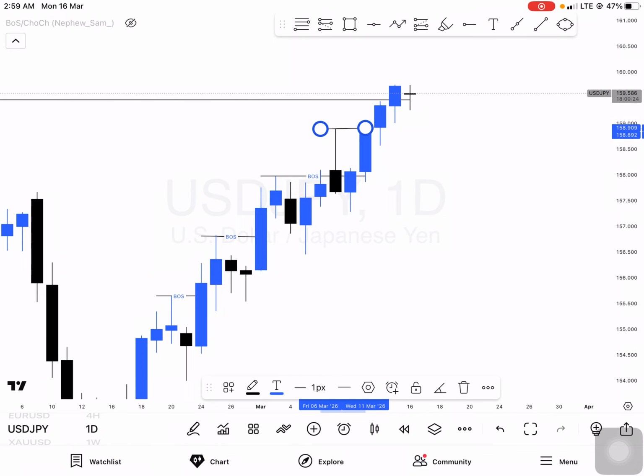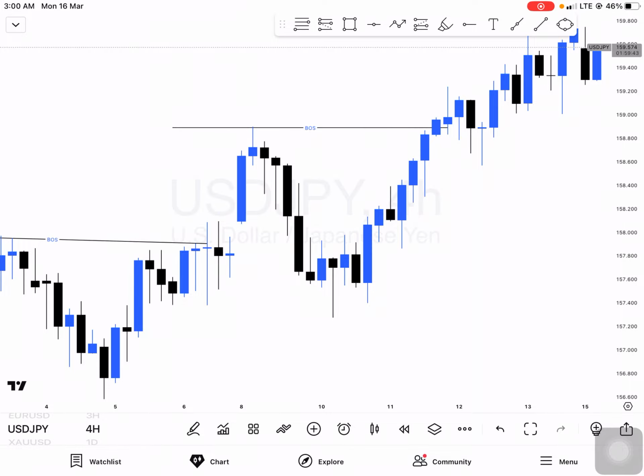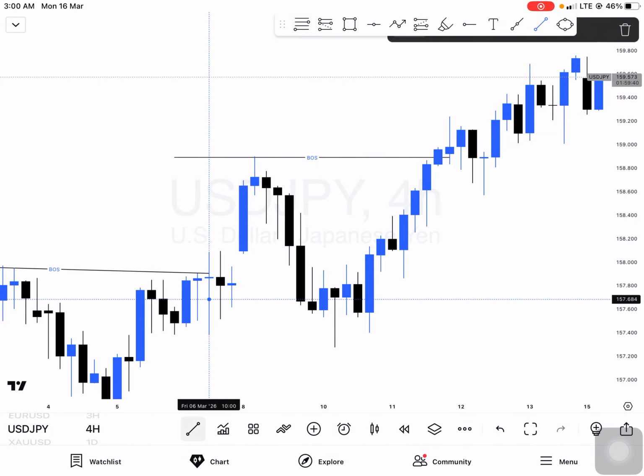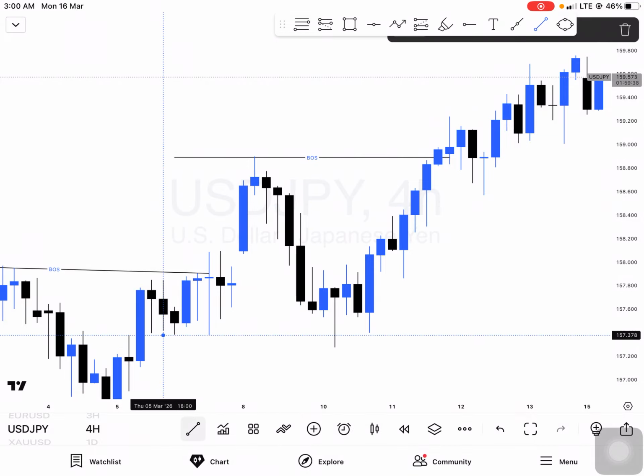The 4-hour time frame will now give us a clear view of the market. So this is the 4-hour break of structure. As you can see, this is the 4-hour break of structure. This is the break of structure we will be looking at, and I'm seeing this break of structure to be a very strong break of structure because you can see this structure swept liquidity here.